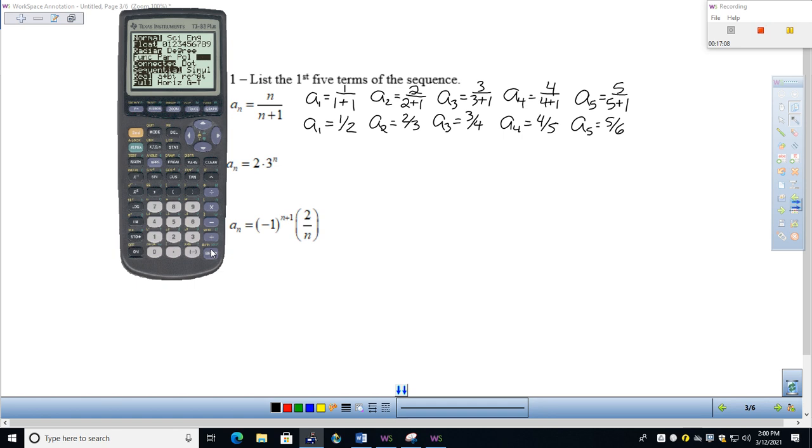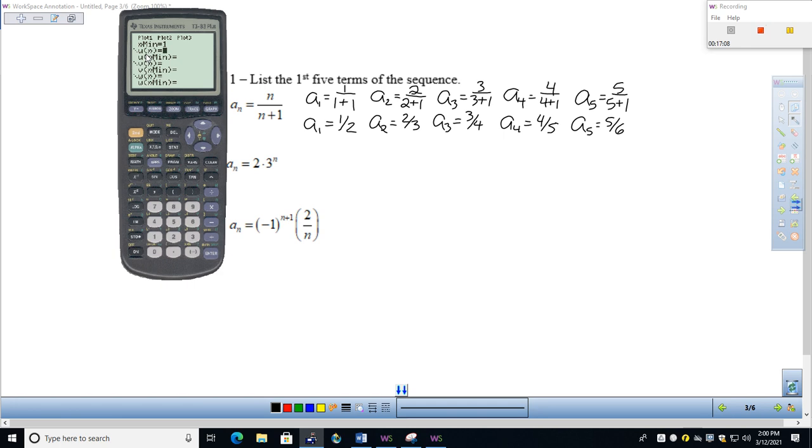And what's fascinating about it, when you put it in sequence mode and then hit the y equals button, notice in this particular case, you don't get y. They use u instead of a, just FYI. But here it is, in a nutshell, this would be a sub n. Alrighty, and we're just going to do this one here for right now, and maybe we'll revisit this tomorrow when we look at a different way to represent these sequences.